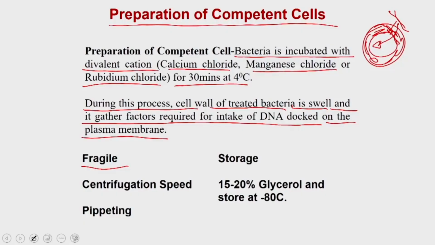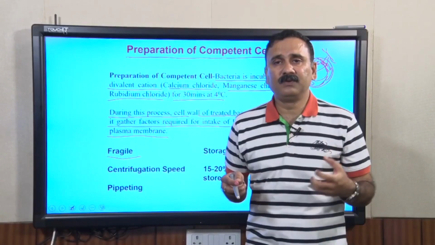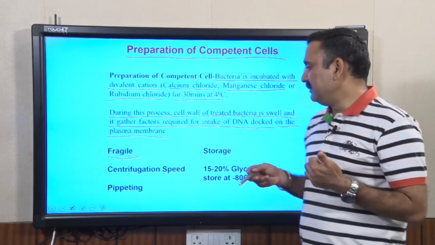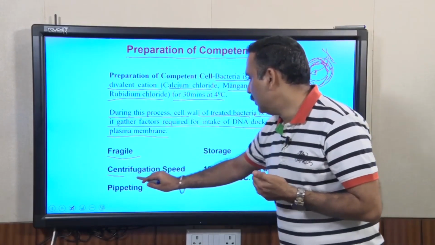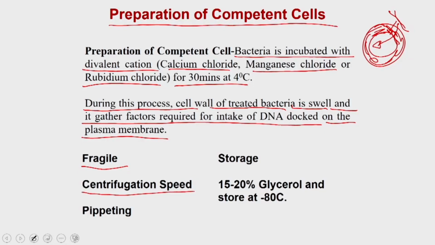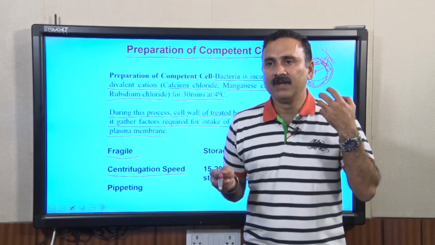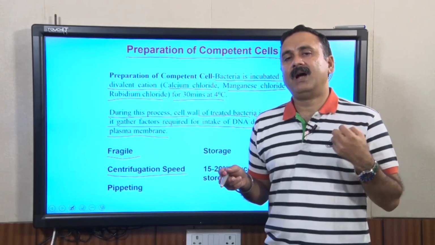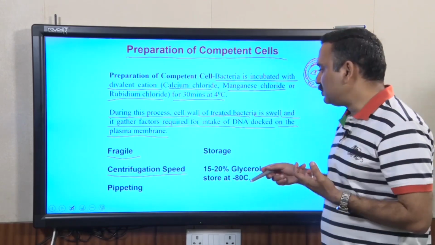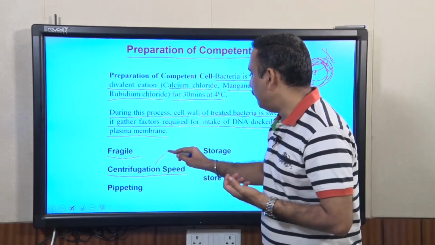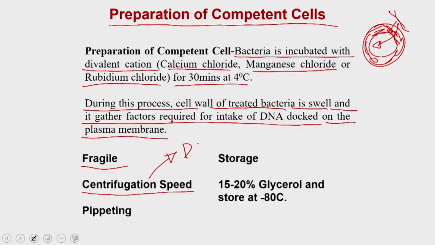So, you have to take care of these cells after you make them competent, and treat them very gently, which means you cannot centrifuge these cells at a very high speed, because if you spin them at a very high speed, these cells may get damaged, because the cell wall is already compromised.